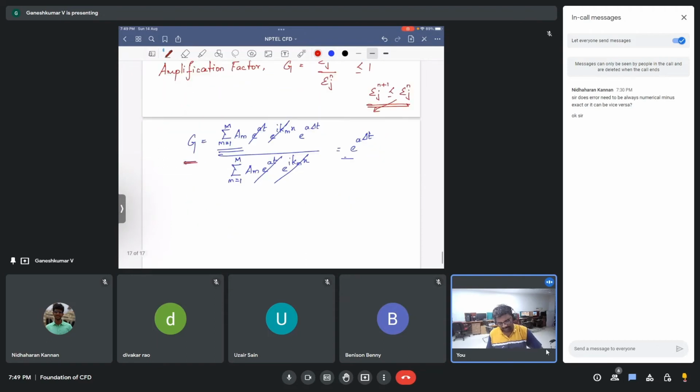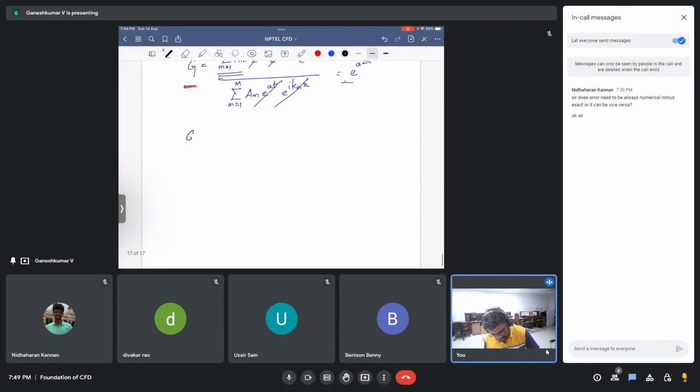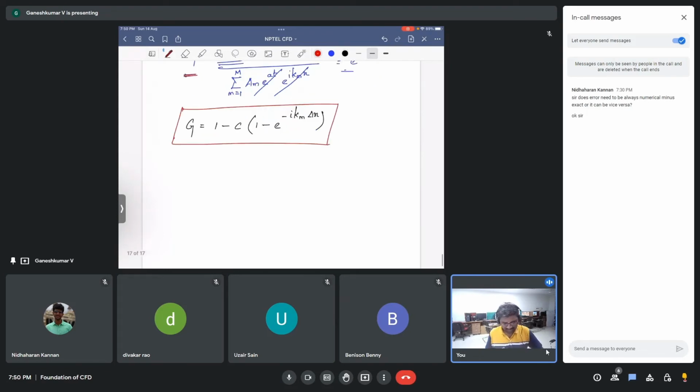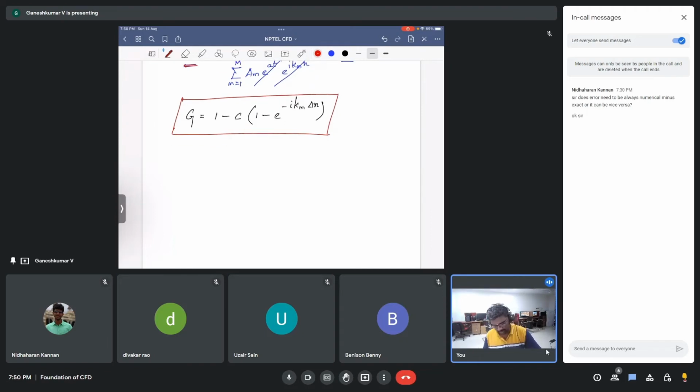If we look at this g, this g and this equation are the same, right? So we can write g to be 1 minus c times 1 minus e^(-i k_m Δx). This is g, and k_m is nothing but the coefficient that comes from the Fourier series. For any k_m and Δx, we want the modulus of g to be less than or equal to 1.